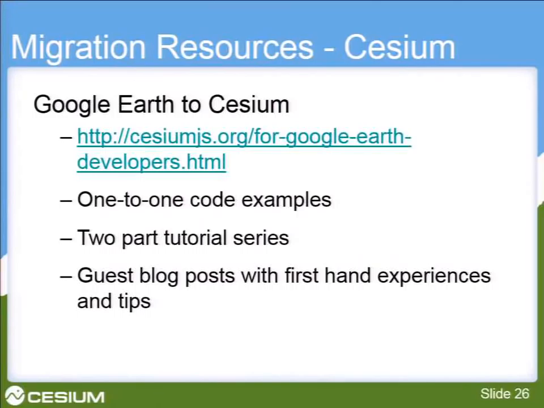And then we have a two-part tutorial series that goes into more detail about some of the differences you may run into as you're migrating from Google Earth to Cesium. And lastly, we have some guest blog posts, so you can read about first-hand experiences from others migrating.